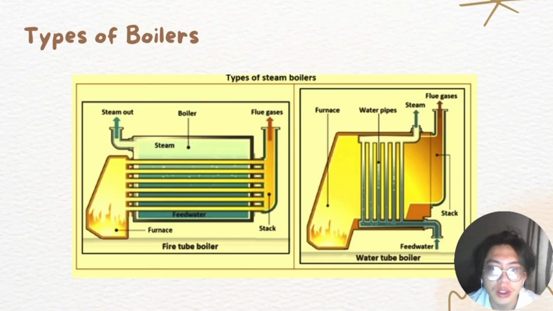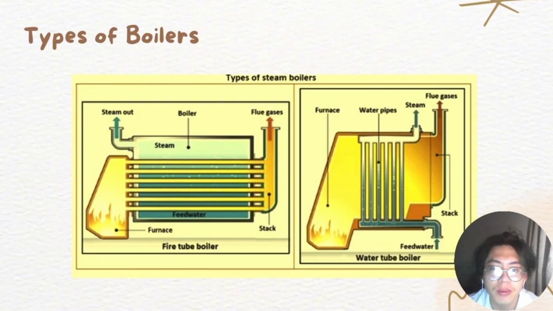The next one is types of steam boilers. For the fire tube boiler, the tube is placed horizontally across the boiler, and then for the water tube boiler, the tube is placed vertically across the boiler from top to down.